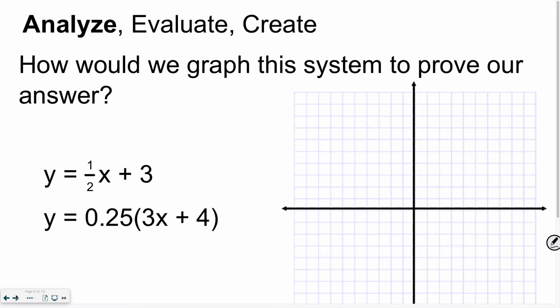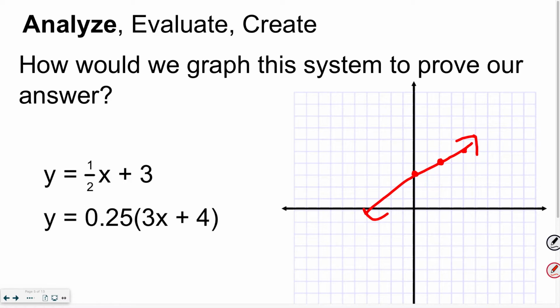Does anyone want to come up here and graph this first line for me? Riley's going to do the first one. y equals 1/2 x plus 3. Good.